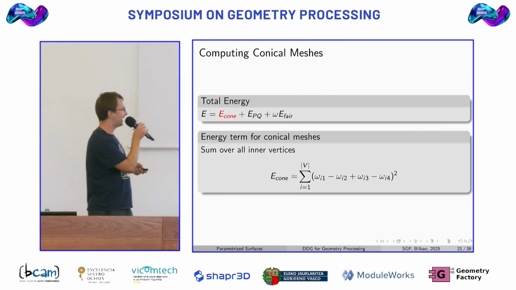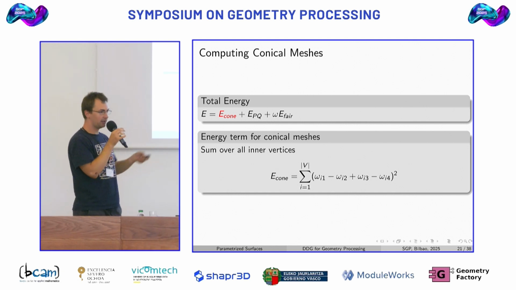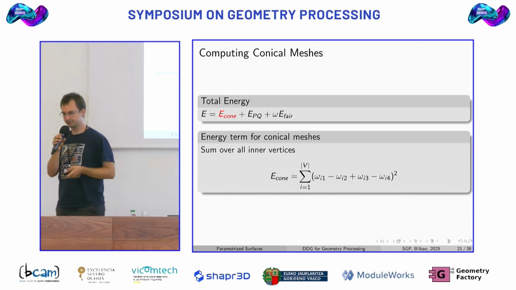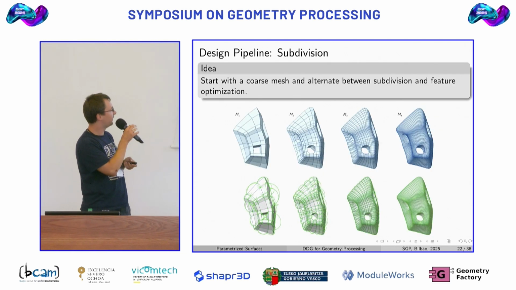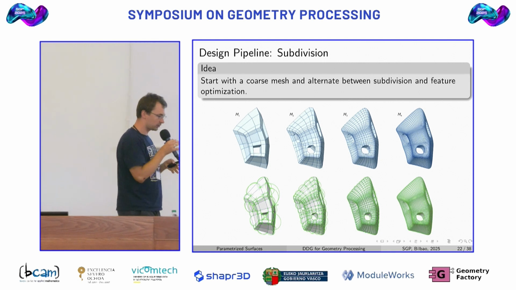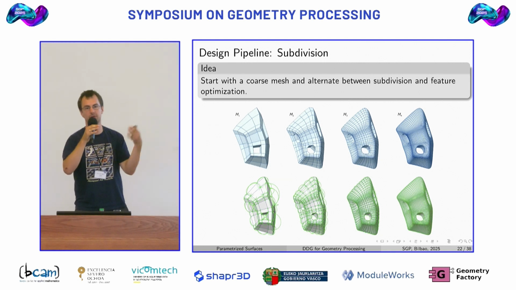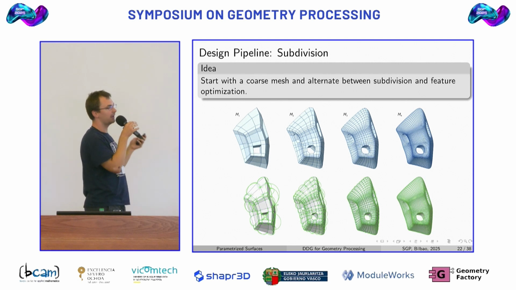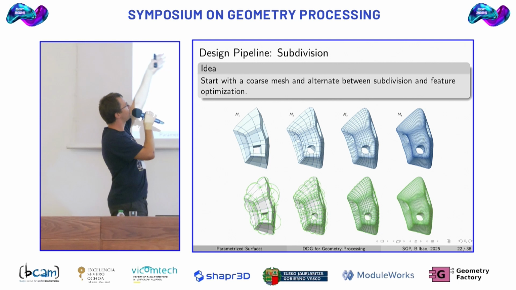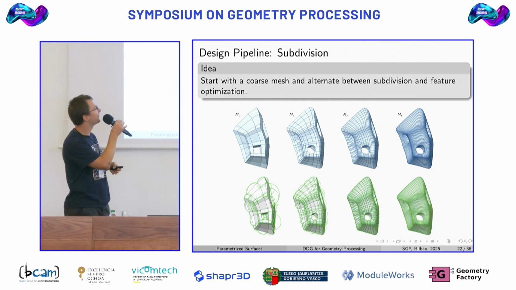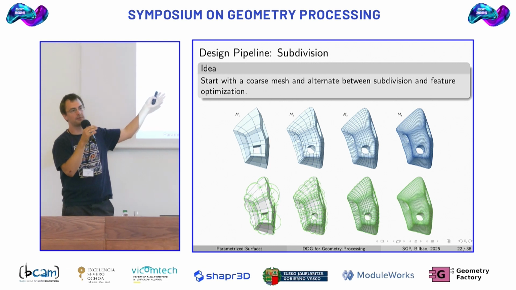Again, we can formulate it with an angular optimization term, and now we could, for example, combine these ideas of principal curvature discretizations with a subdivision algorithm. You can do the following. You start with a very coarse geometry with a few quad faces, and then you optimize this to, for example, be circular.